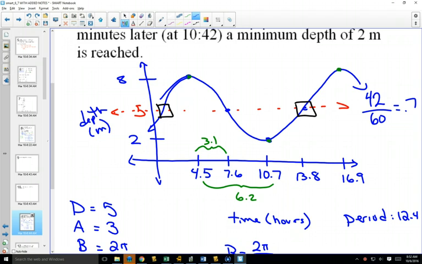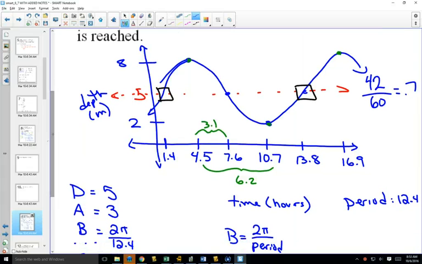Most often, if graphs are written out, they will try to find the closest one. So how would I find this one? What do you think that would be? 4.5 minus 3.1, which would be 1.4. So if you were graphing this, you would probably, because of what you've labeled, write x minus 13.8, and that is perfectly correct.